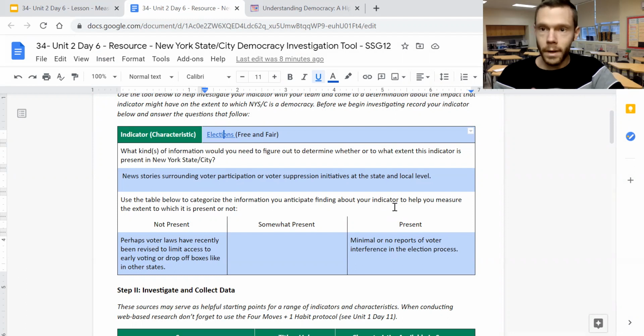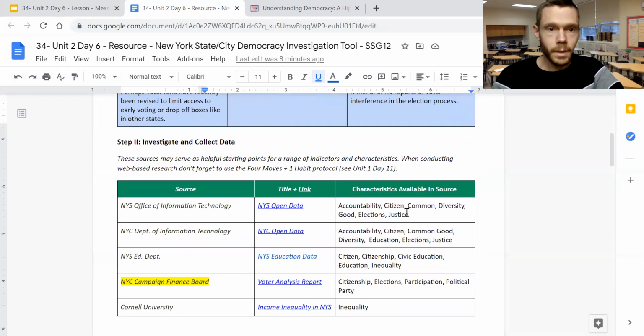And perhaps we can compare that to what's happening at the national level. This table will help us to categorize our information to see if it is not present, if it is somewhat present, or if the characteristic is clearly present in the city. Then we'll investigate further in step two, and we'll include some basic research to really explain whether or not this indicator is truly present in the city.